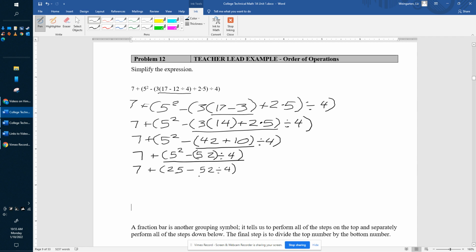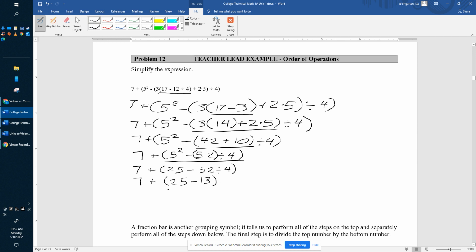Continuing to work on this parentheses, we have subtraction and division. Order of operations says that we have to do the division first. 7 plus 25, and again, if you want to use your calculator to do 52 divided by 4, that's perfectly okay. But it is going to give us 13.